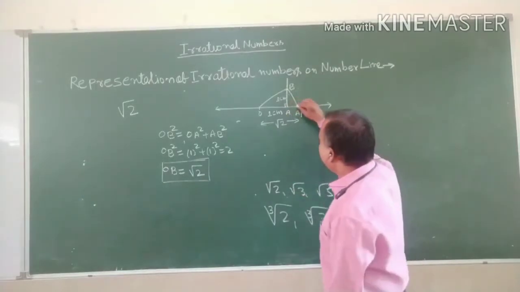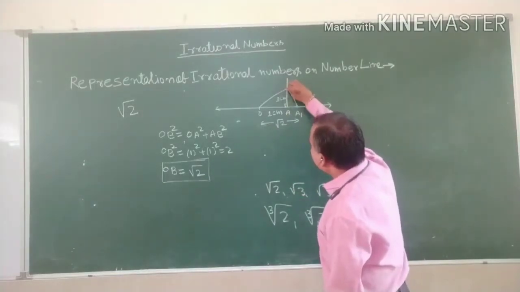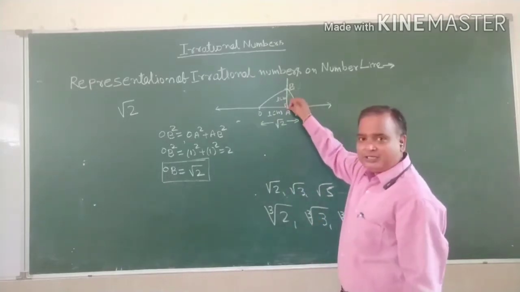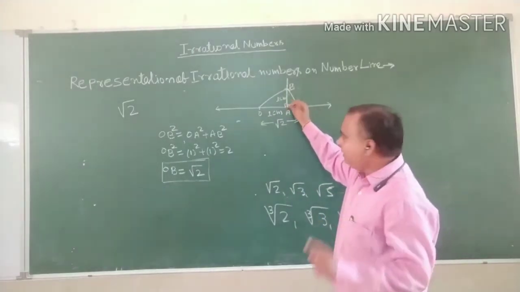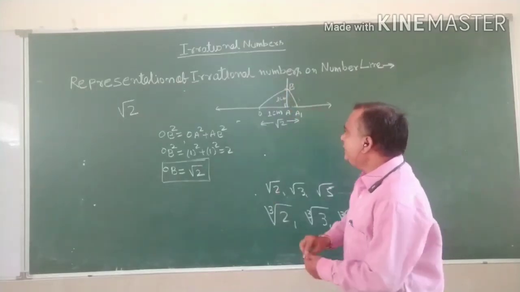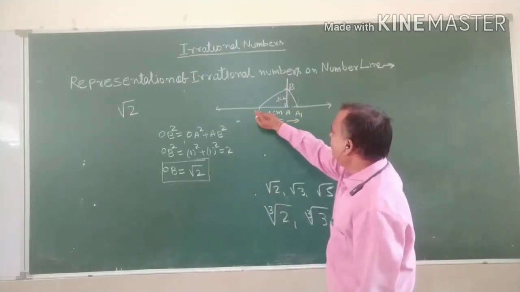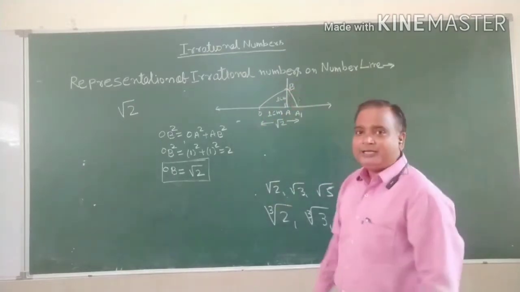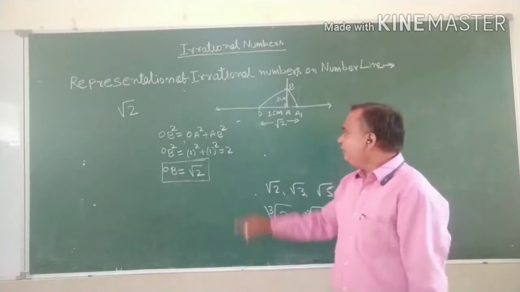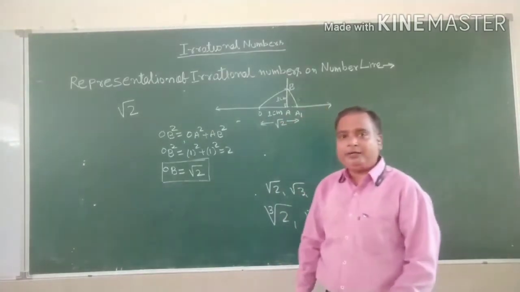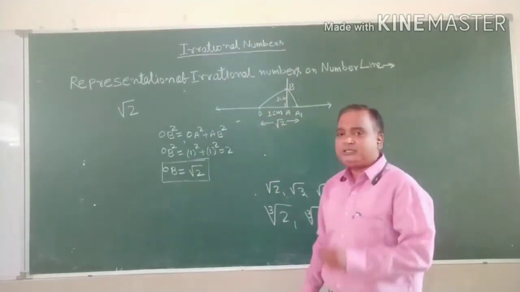I cut an arc and call the point B. Take A as the center, radius equal to 1 centimeter, cut an arc at that point B. Now join the points O and B. So we can say OAB is a right angle triangle, where OA is the base, AB is the perpendicular, and OB is the hypotenuse.